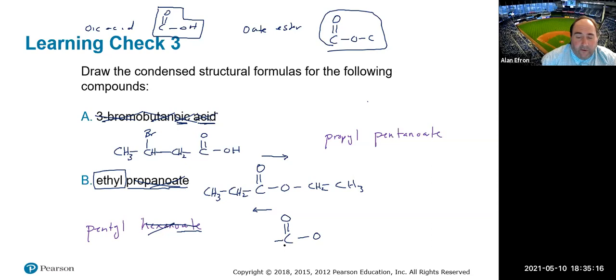We don't want to forget we already have a carbon there. So that would be 2, 3, 4, 5, and then 6. Pentyl will come from the alcohol part, which is going in this direction, away from the double bond towards the single bond. Pentyl is 5 carbons: 1, 2, 3, 4, 5.